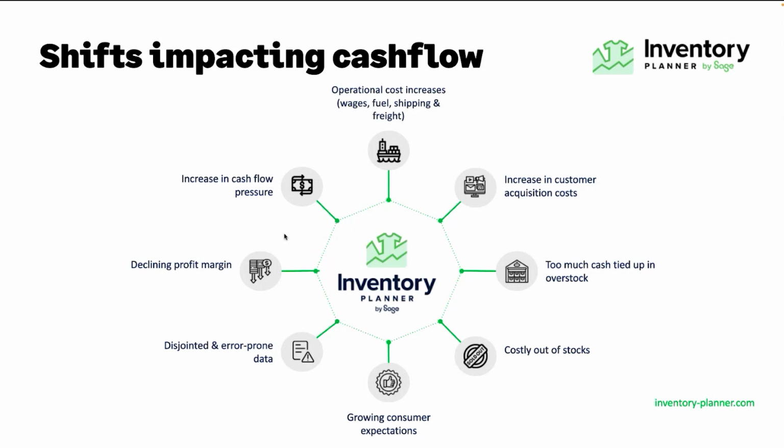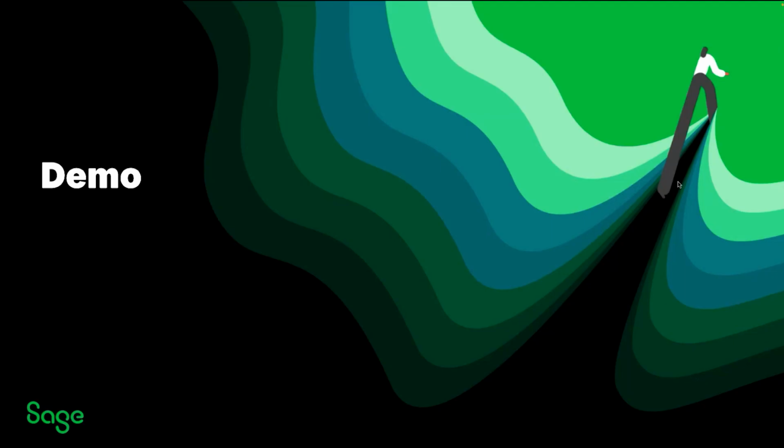So managing inventory seems to be a higher priority for businesses, particularly in the last few years, and that's what Inventory Planner does. So I'm going to turn this over to Harvey.